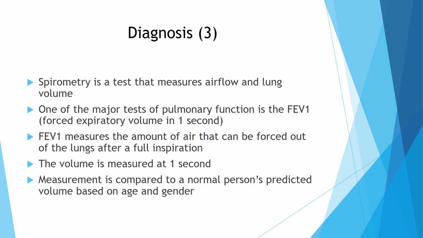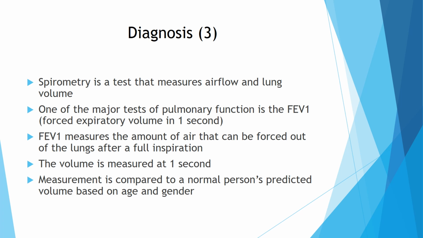So one of the major tests that the doctor will order in the pulmonary function realm is the FEV1. And this is forced expiratory volume in 1 second. The FEV1 will measure the amount of air that can be forced out of the lungs after a full inspiration.